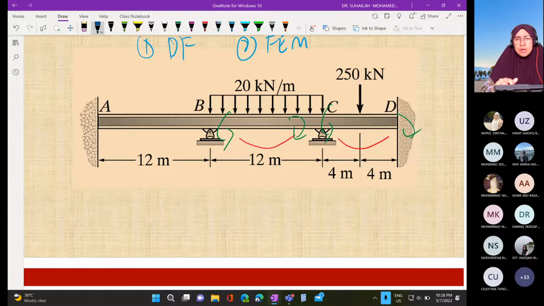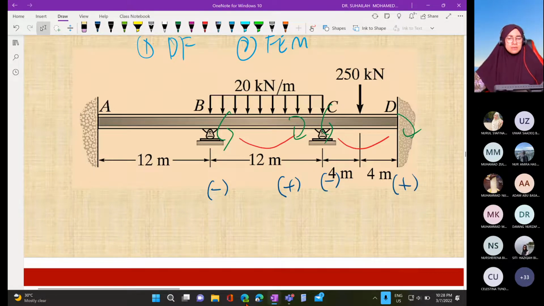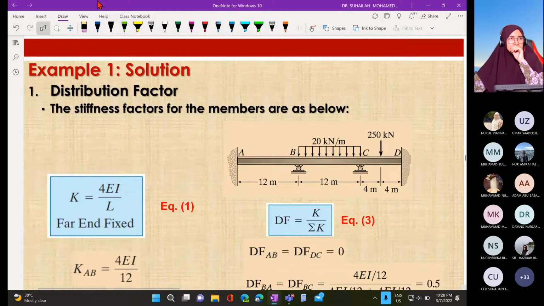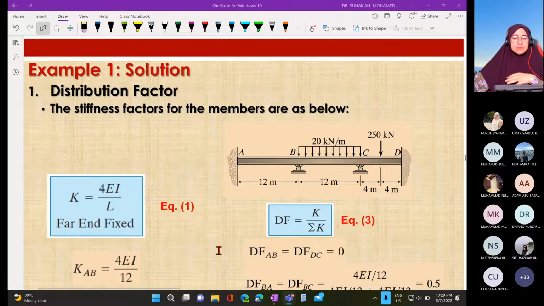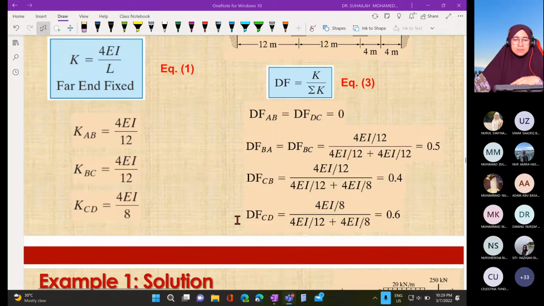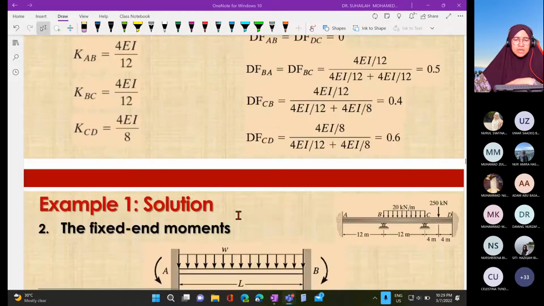So apa saja yang opposite dengan clockwise dia akan jadi negatif lah. So yang ni akan jadi negatif dalam table, positif dalam table, negative and positive. Okay, so calculate all this. Guna formula, refer formula only, calculate all this.